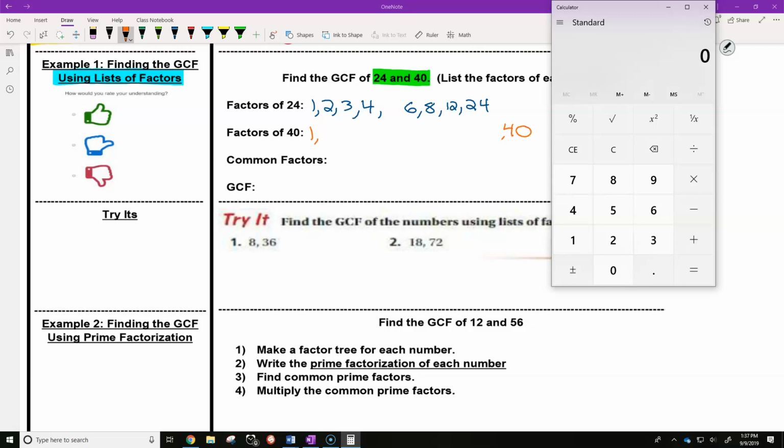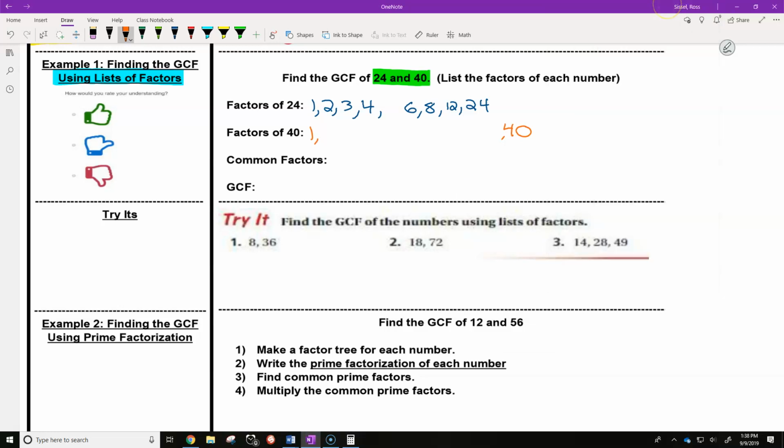I'm letting you use a calculator to help you. You just have to show me you have the effort. So what you do is say, my number is 40 divided by, after 1 comes 2, equals. It went in evenly, 20 times. So that's a factor. 2 times 20.